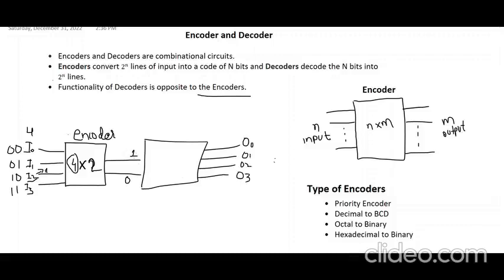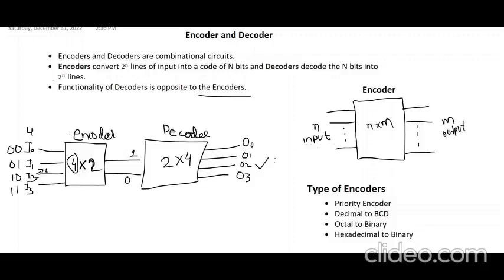So for this 1 and 0 as input to the decoder, my output will be O2. This is my decoder circuit, which is a 2 to 4 decoder.